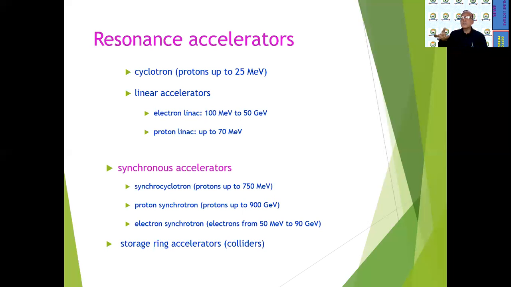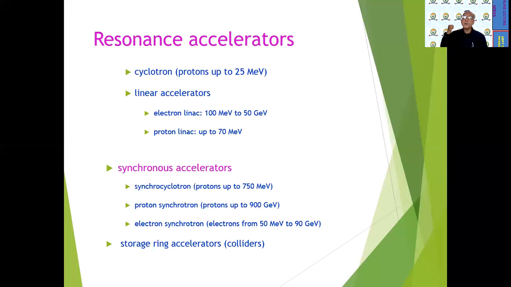In the resonance accelerator, two types of accelerators come. The first one is the cyclotron, and the other is the linear resonance accelerator. They can also increase the energy of the proton up to 20 MeV, and of the electron from 100 MeV to 50 GeV, and so on.